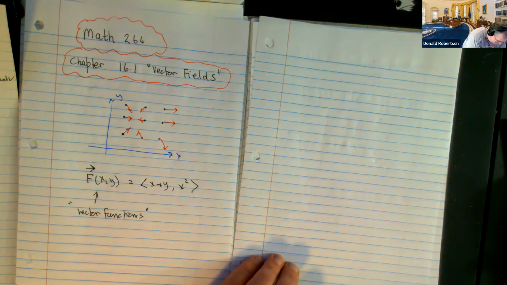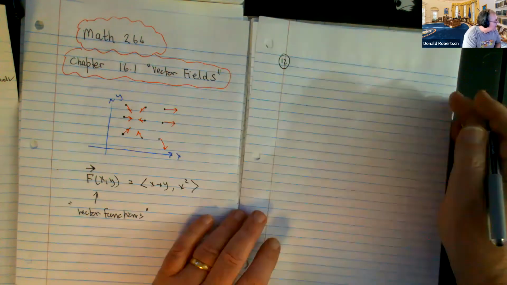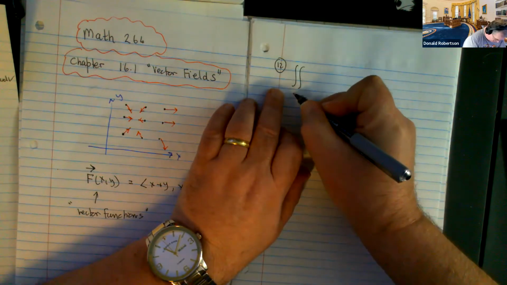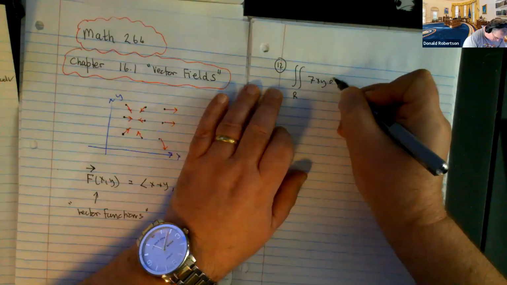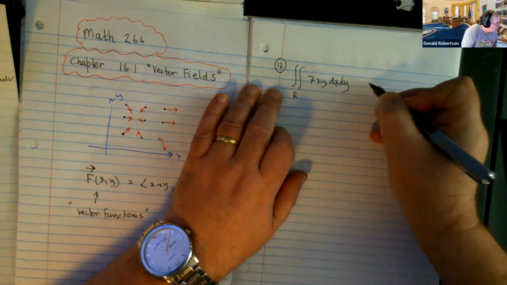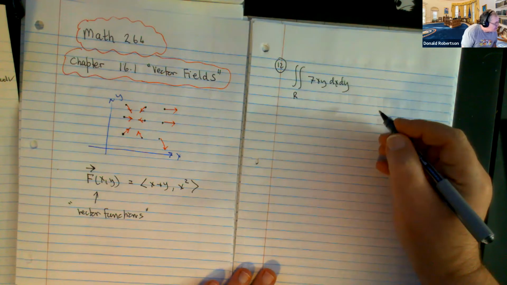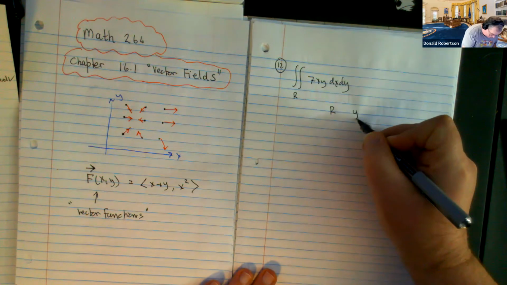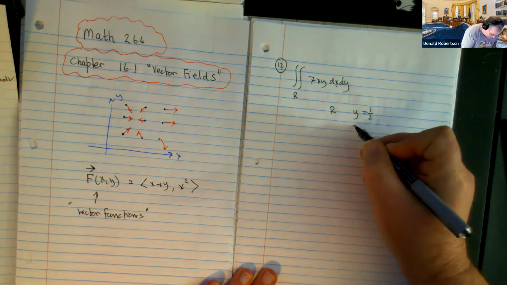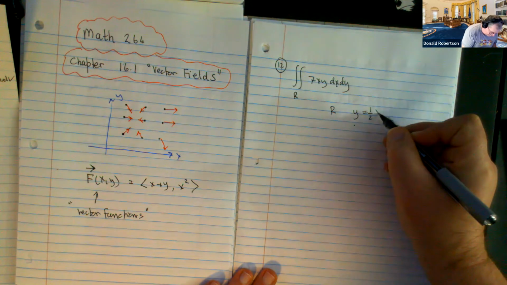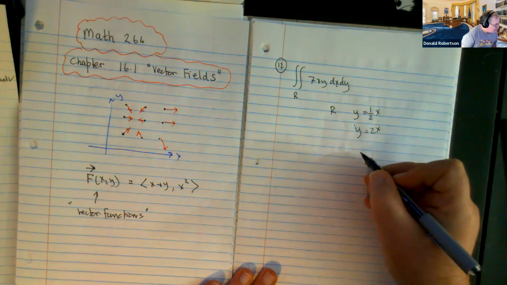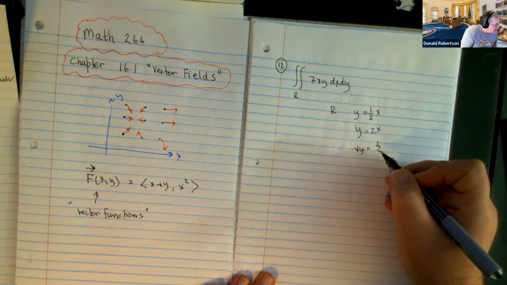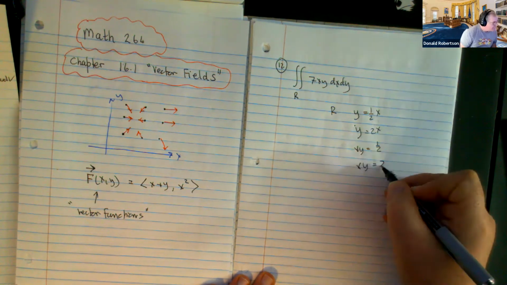Okay. Change of variables. Question 12 is not a parallelogram. It's still a double integral, region R, of 7xy. We're going to switch it because the region R is described as y equals 1/2 x, y equals 2x, xy equals 1/2, and xy equals 2.